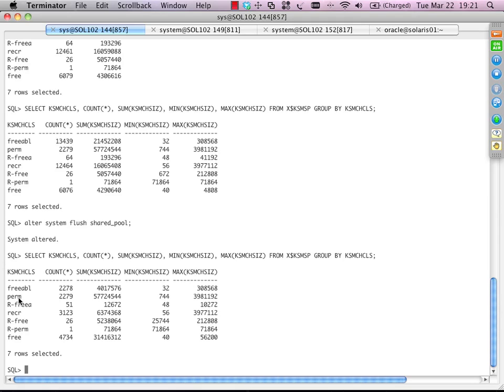Whenever you had a lot of chunks which didn't get reused, then when a new allocator came in, it went to the free lists and saw that, hey, the free lists are empty. There are no free chunks which are big enough. And therefore, these allocators started flushing out these chunks which had been used only once. So Oracle actually keeps track of whether a chunk has been used only once or multiple times.